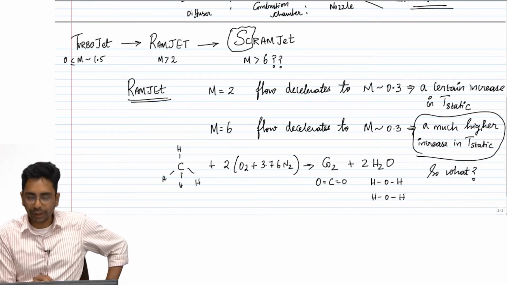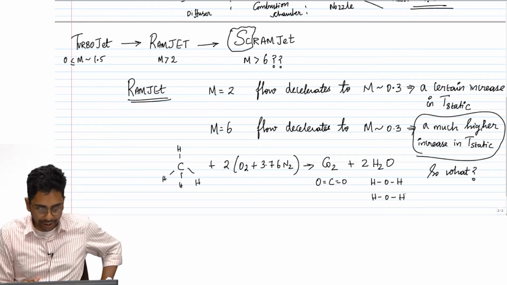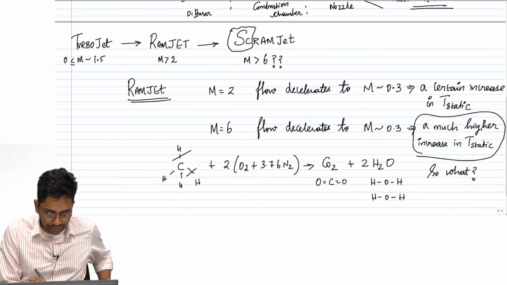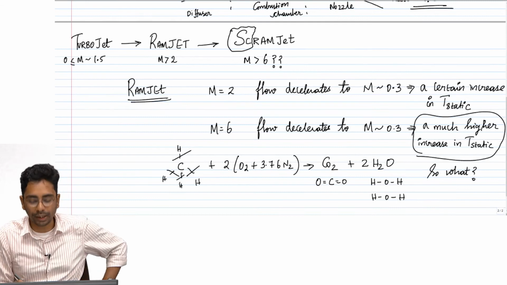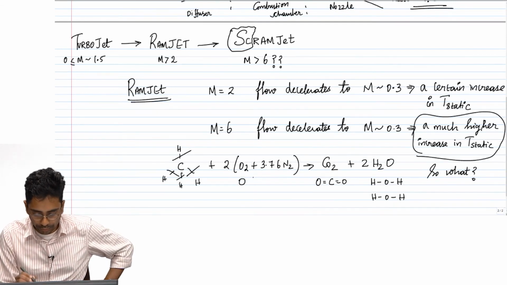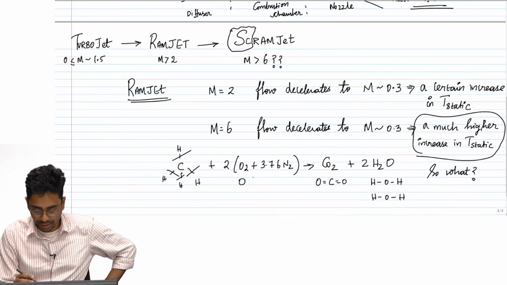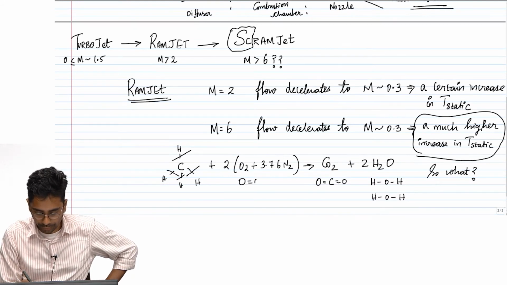Now what has happened in this net reaction is 4 C-H bonds were broken.